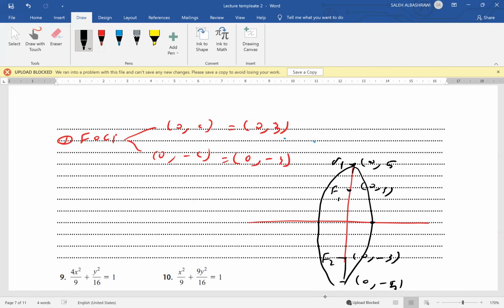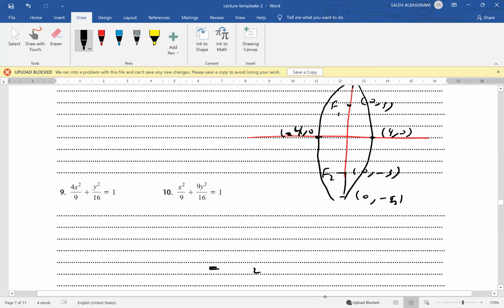And for B, this point is 4 and 0, and this is minus 4 and 0. So this is the ellipse for this exercise.